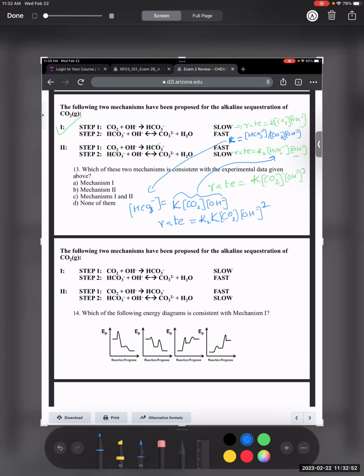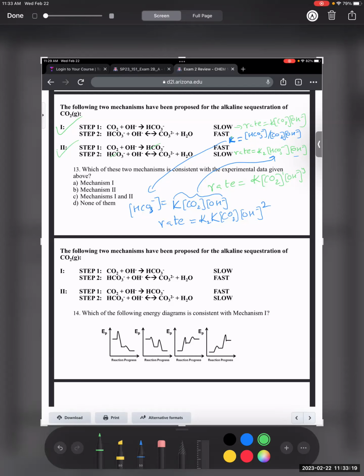The reason is we were only given the CO2 experimental data, and with respect to the CO2 experimental data, the mechanism is first order. So that's all that matters. Both mechanism 1 and 2 tell us that it's first order with respect to CO2.